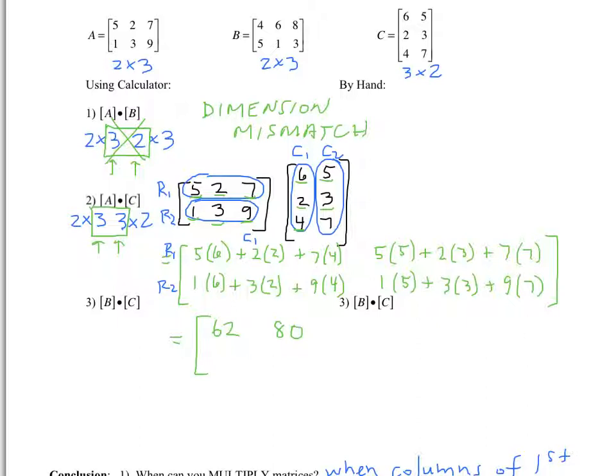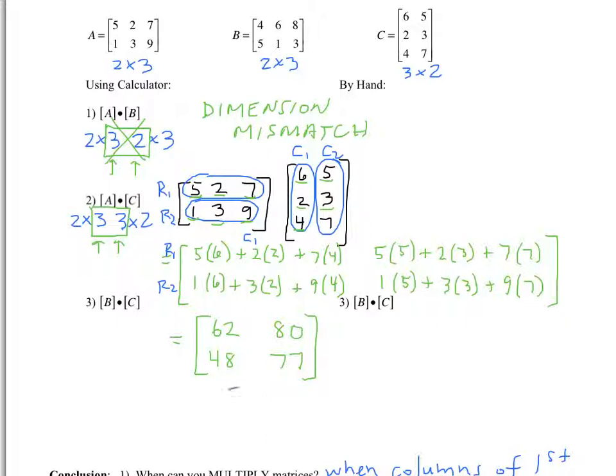And then row 2, column 1, 1 times 6 plus 3 times 2 plus 9 times 4 gives us 48. And then finally, row 2, column 2, 1 times 5 plus 3 times 3 plus 9 times 7, we get 77. So the product of A times C is 62, 80, 48, and 77.